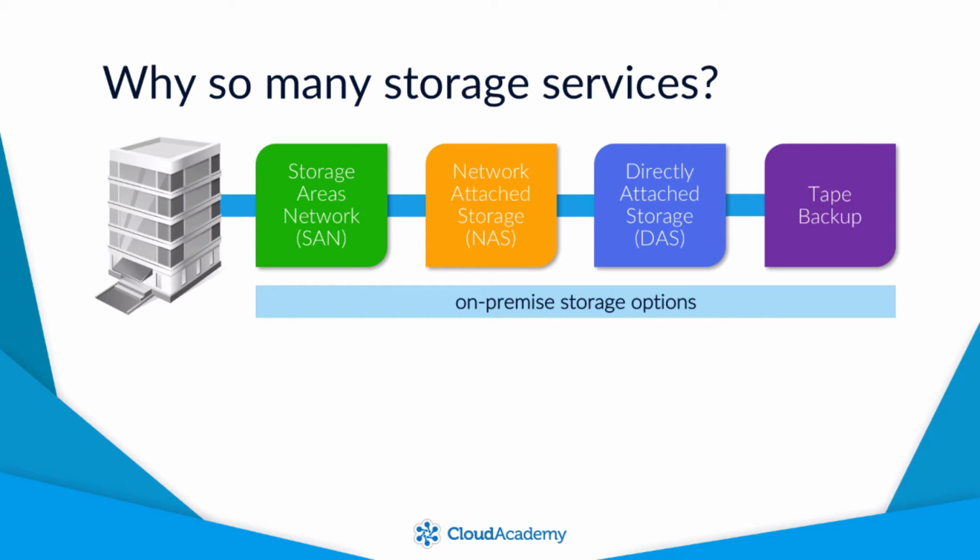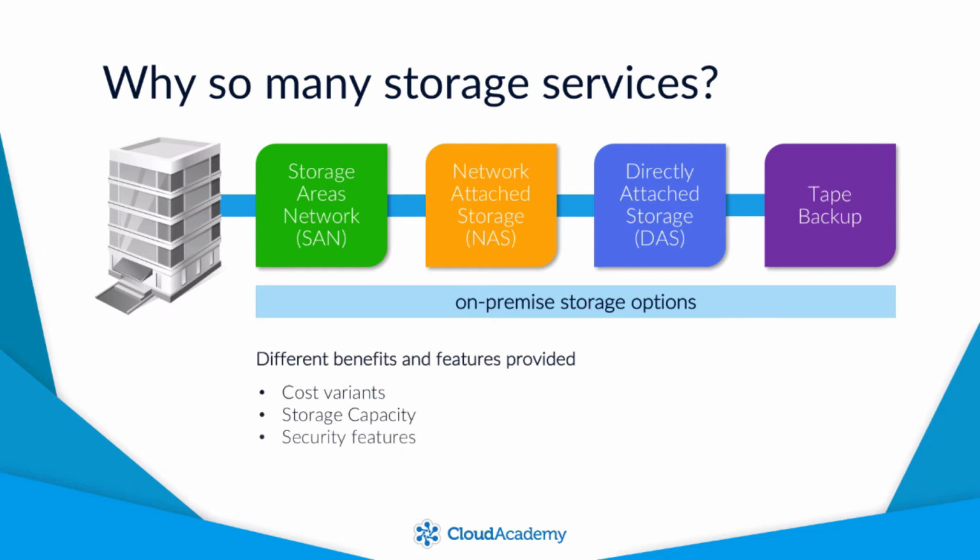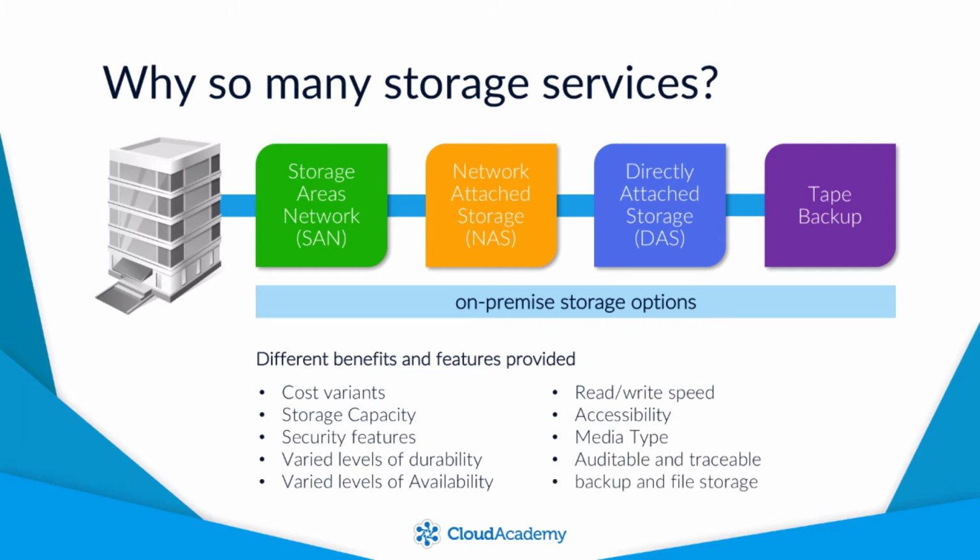But at the same time, each solution also provides different benefits and features, such as cost variance, storage capacity, security features such as encryption and access control, varied levels of durability and availability, different read-write speeds, different accessibility options, different media types. Some can be auditable and traceable, and also use case such as backup and file storage.